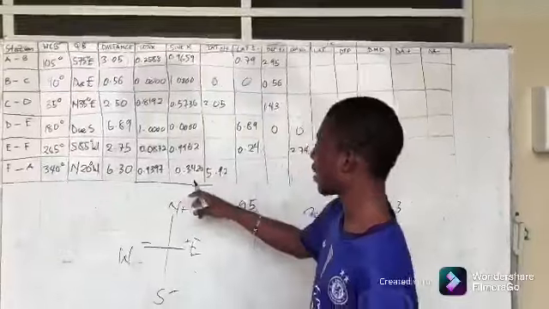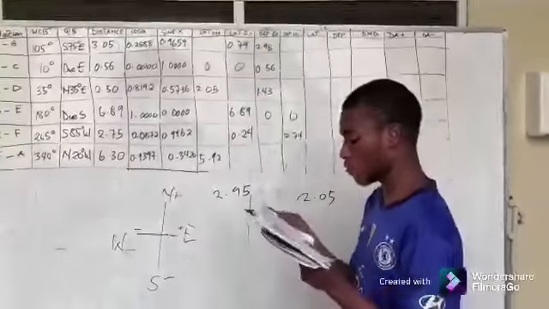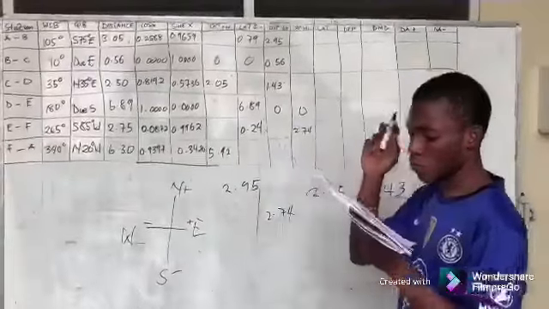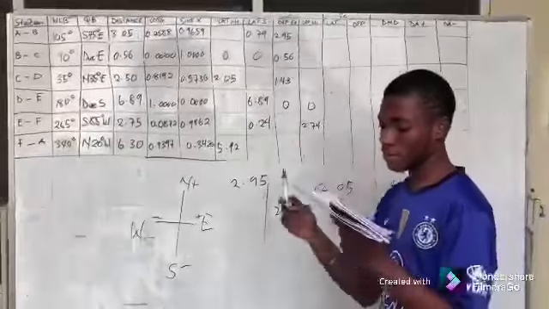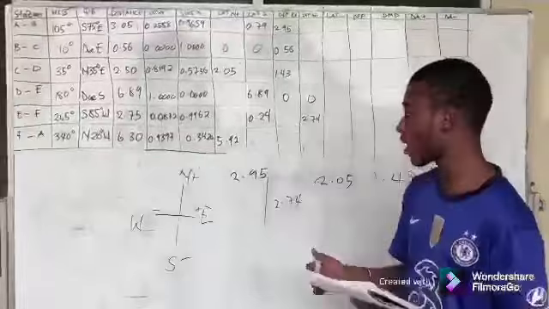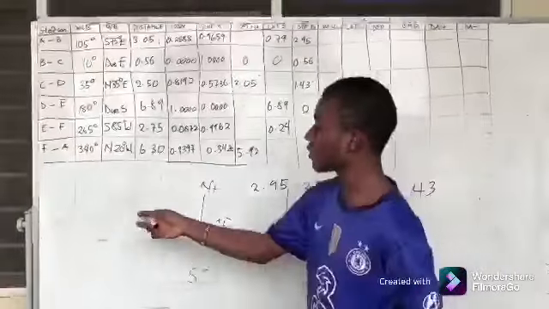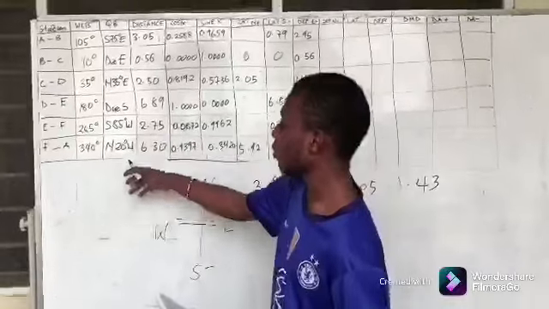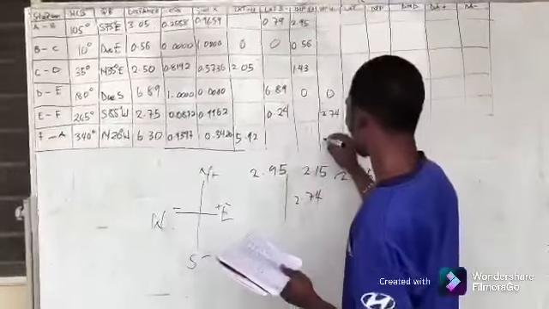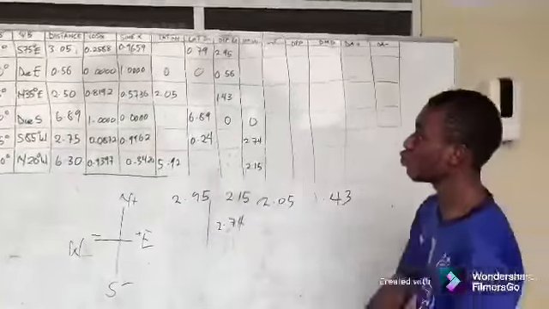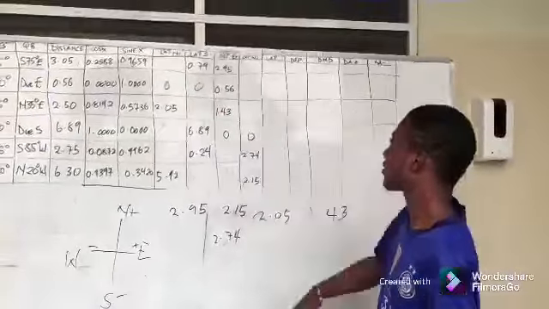Distance times the sine, which gives us 2.15. What was the position of the quadrilateral bearing? It was at the west. So 2.15. So this is how we do the latitude side and the departure side.